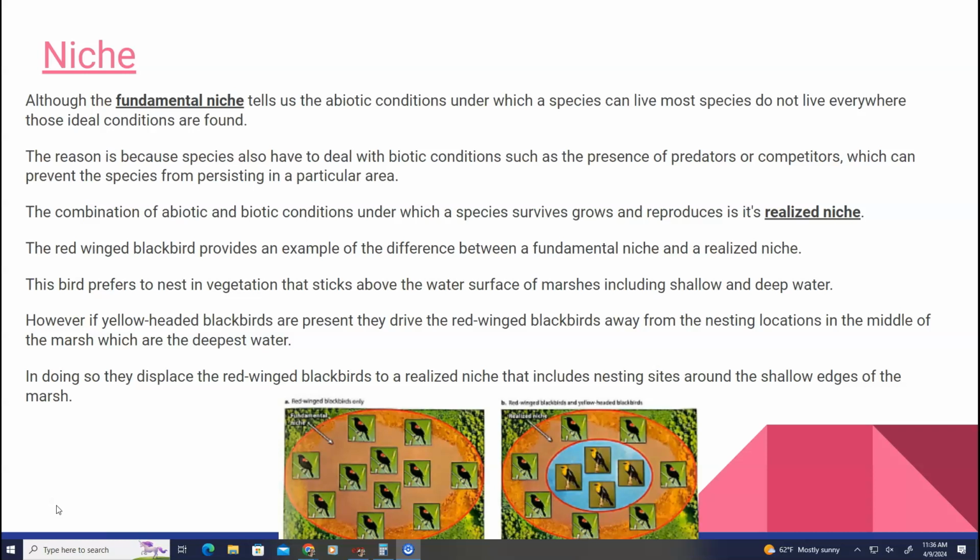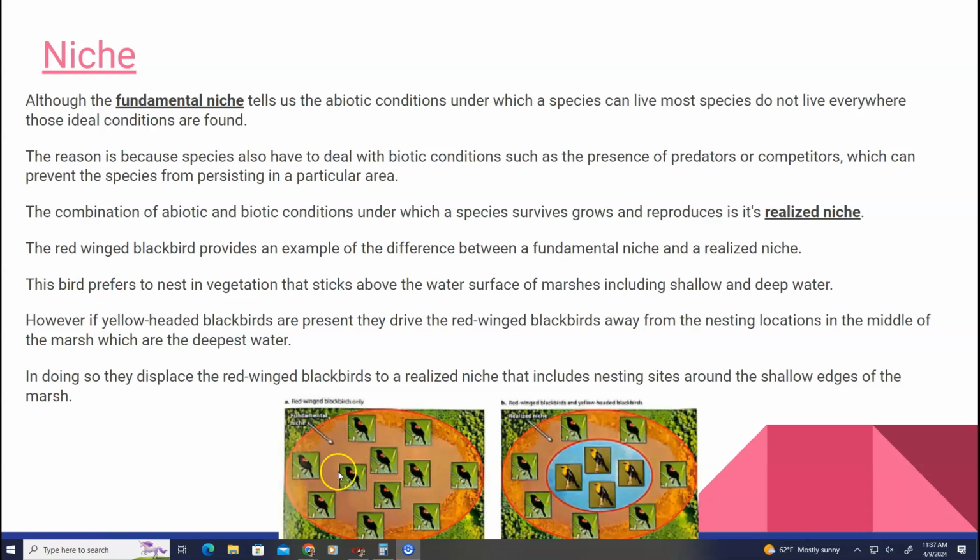So a lot of organisms within a species will live in what we call the realized niche. So there's a fundamental niche, which is optimal, and then there's the realized niche where that species is actually occupying.